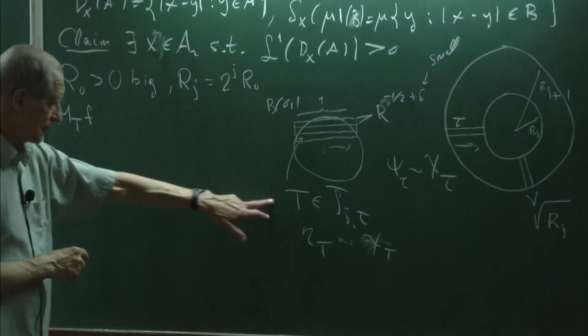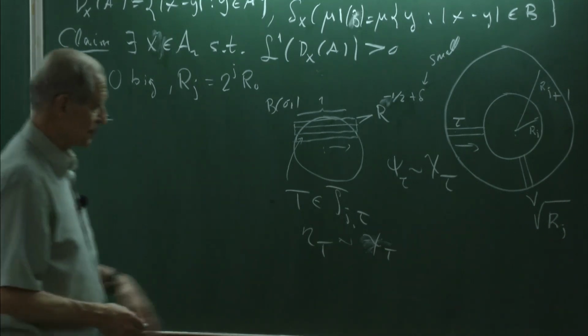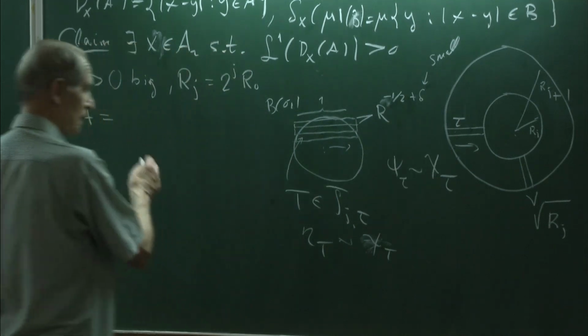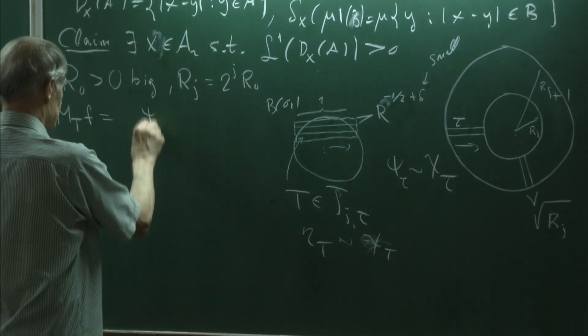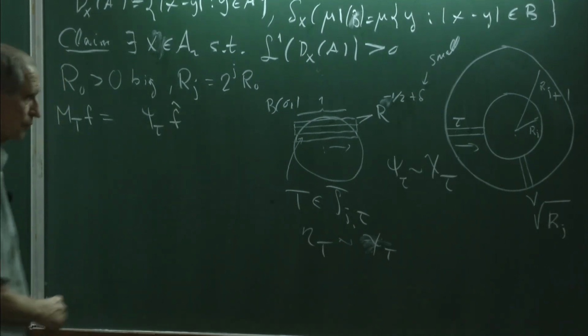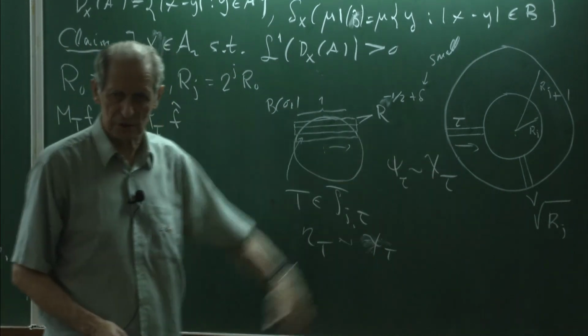It depends on t. So m_t f, its Fourier transform should live here. So I take psi tau and I multiply it by this Fourier transform of f. So this is now living essentially in tau.